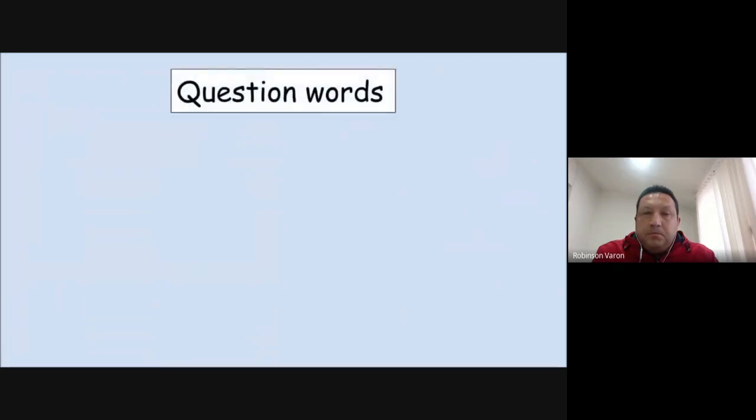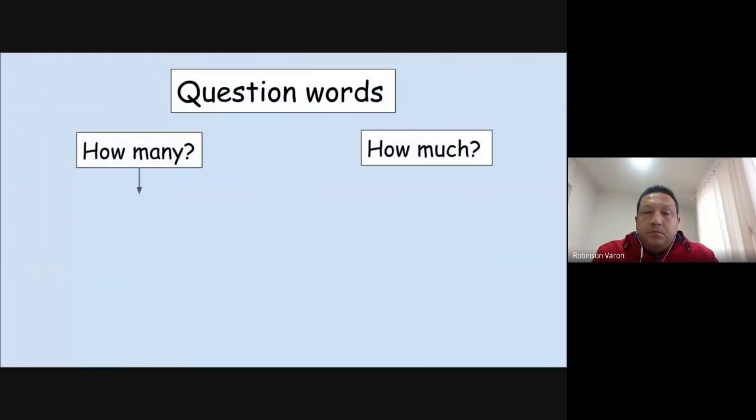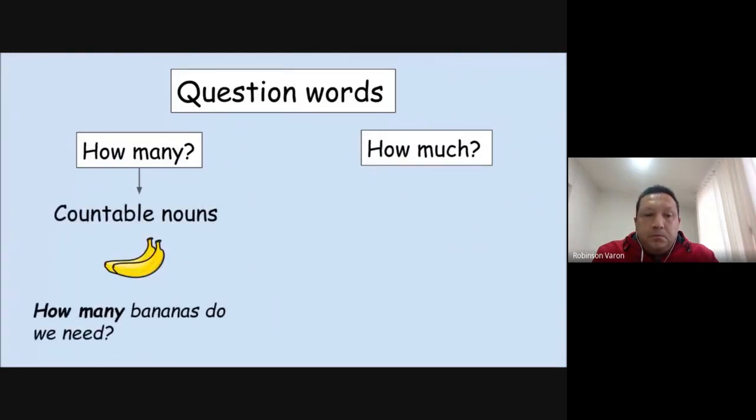When we want to ask questions about different quantities, we can use two question words: how many and how much. We use how many for countable nouns. For example, how many bananas do we need? Bananas are countable, so we use how many.